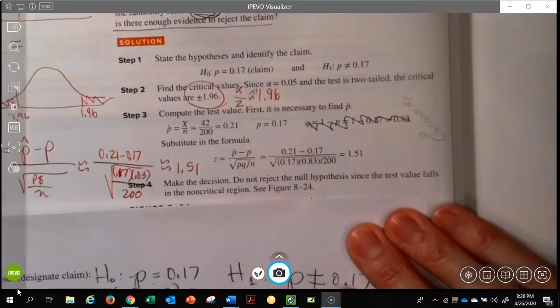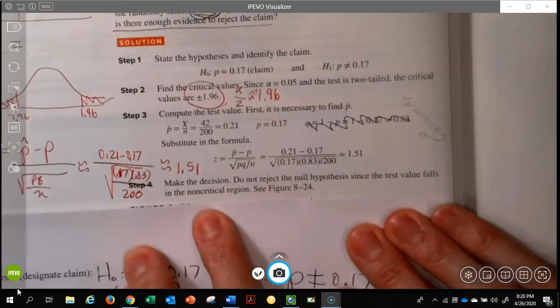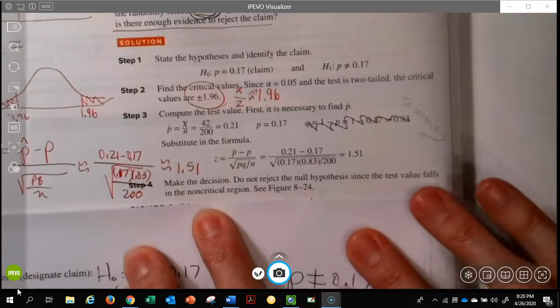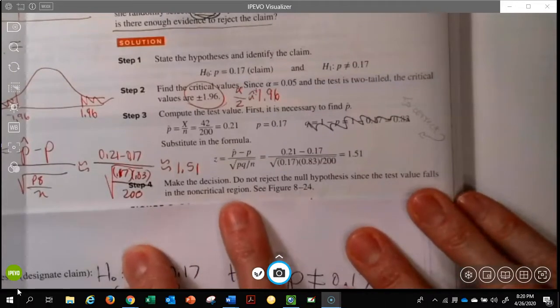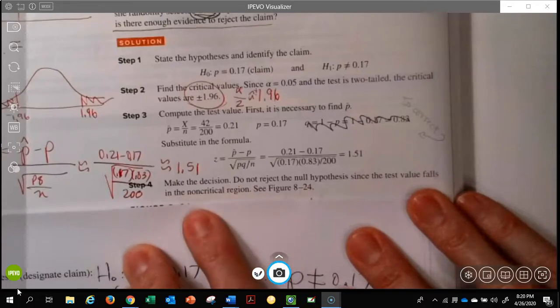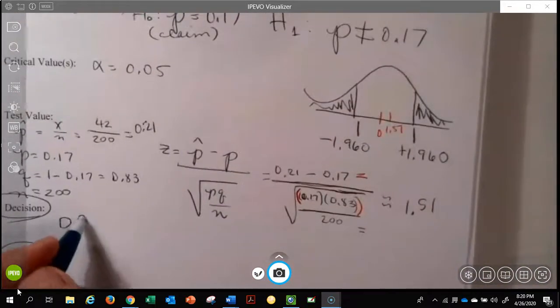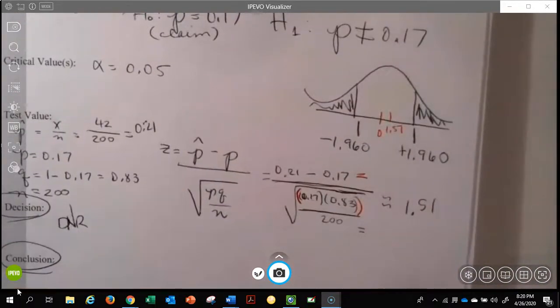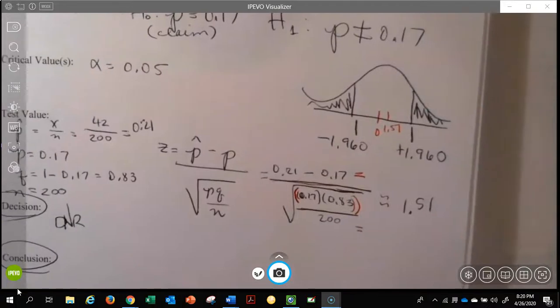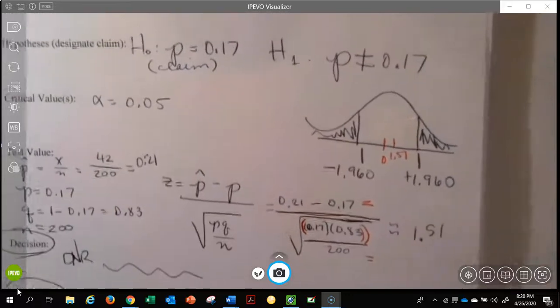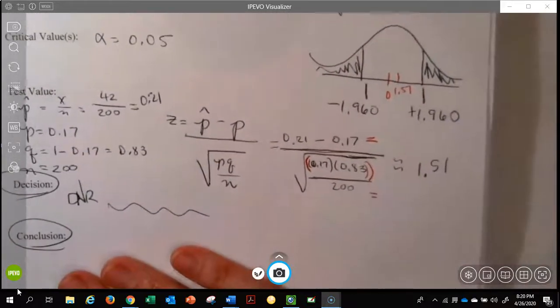So there are several words you can play around with, but get your words and practice those words from memory, since it falls in the non-critical. Yay! Or you could say it doesn't fall in the critical. But you need to tell me what you're doing. So we do not reject. We are not going to DNR, do not resuscitate, do not reject, and then give me a reason why we don't reject it. The last thing is the conclusion.